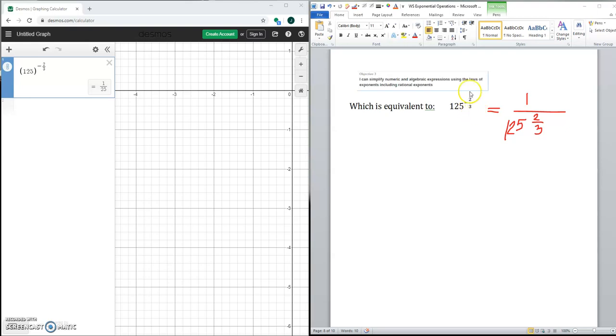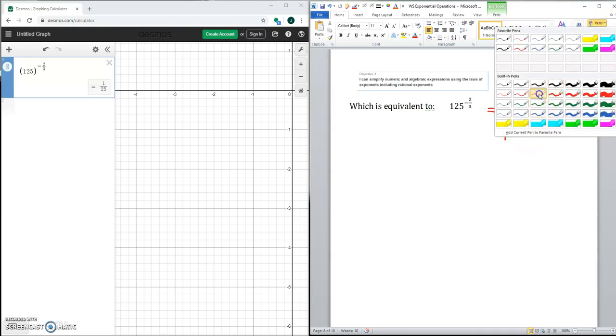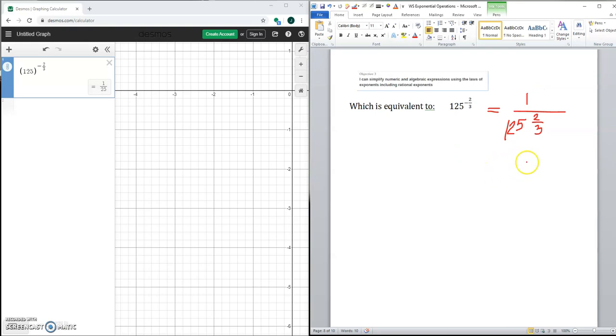Since the exponent is negative, for that to turn into a positive exponent, that needs to go to the denominator, and so your answer could be 1 out of 125 to the power of 2/3. But there's also another possible answer as well. So this is another way of showing it. The denominator of your exponent is your root.